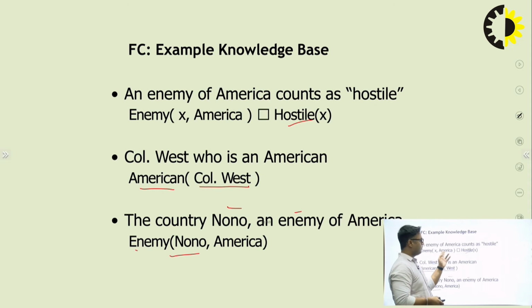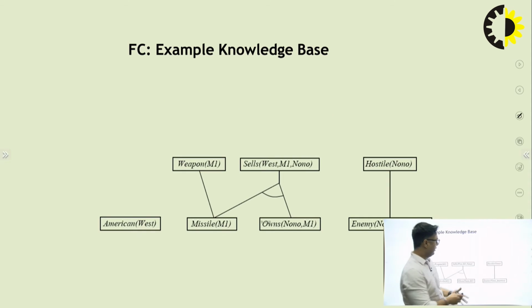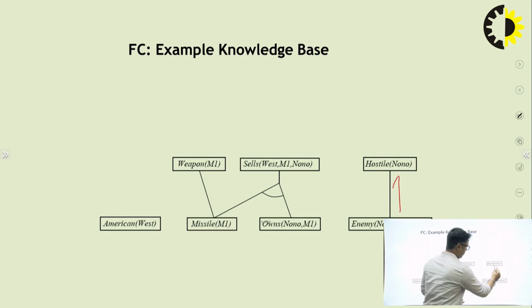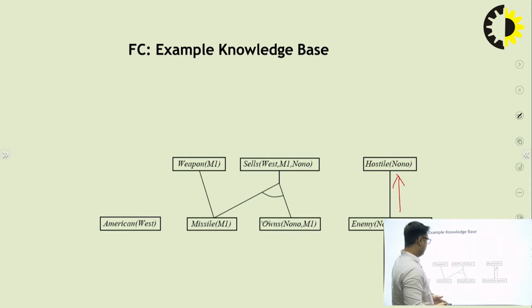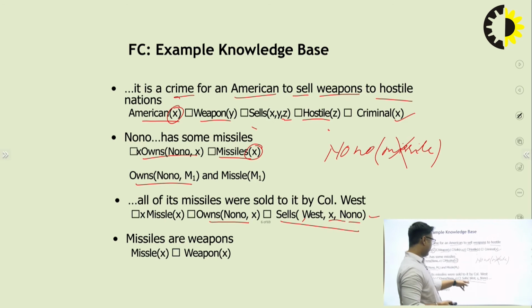A root node is mentioned in my tree, so Hostile(X) is put on the tree here. Another I have to check is West, X, Nono, which is part of the missiles and owns.